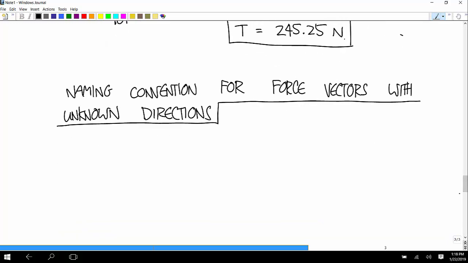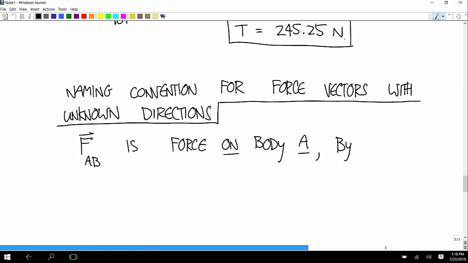So we're going to say that the force vector F subscript AB is the force on body A applied by body B.